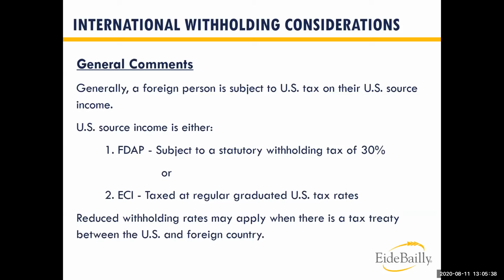So there are two types of U.S. source income: either FDAP, which I'll explain in the next slide, which is subject to a statutory withholding tax rate of 30%, or it's effectively connected income, and that's taxed at the regular graduated U.S. tax rate. So if you're making a payment of ECI to a company, it would be the 21%, or for an individual, it would be whatever their rate would be in terms of what they'd actually be taxed at eventually when they file their tax return.